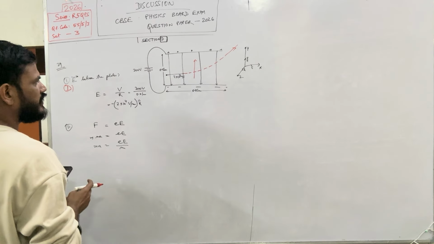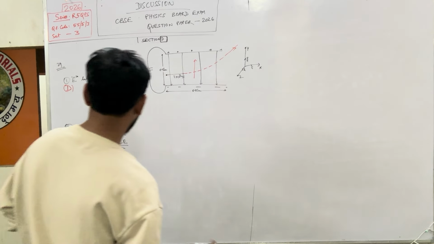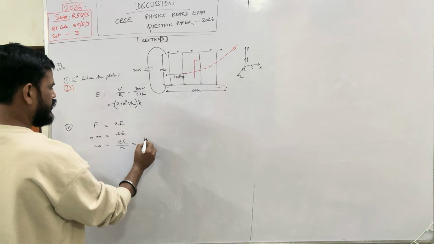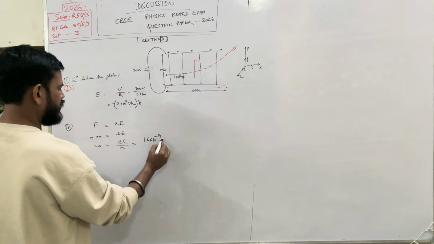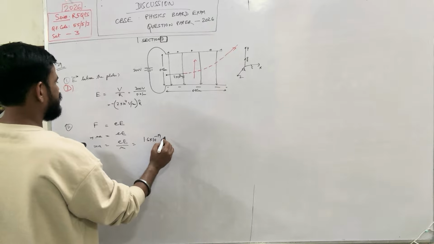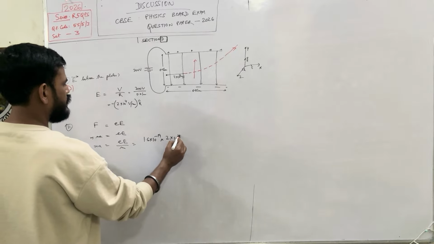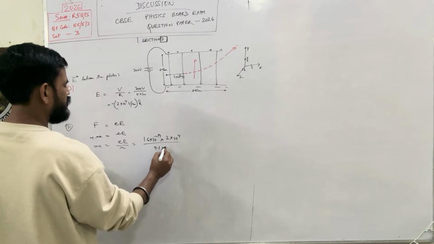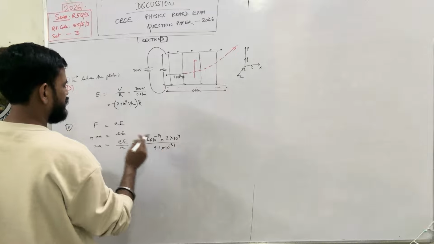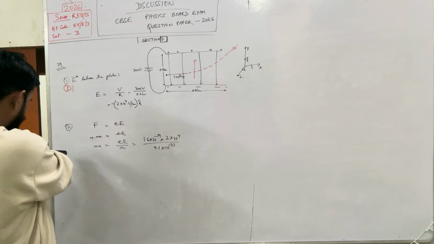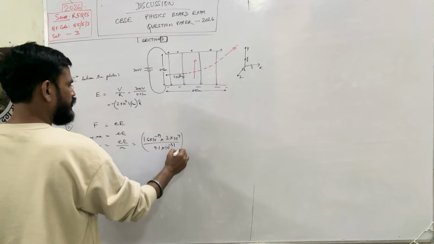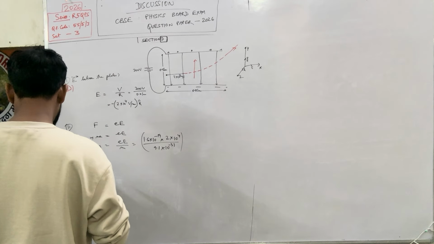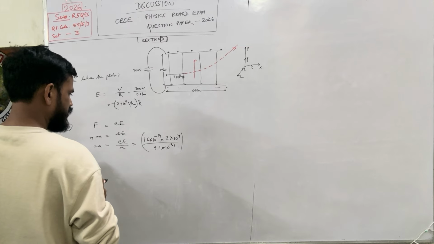So the acceleration will be 1.6 into 10 power minus 19 into the value of the electric field, 2 into 10 to the power 4, divided by 9.1 into 10 power minus 31. Now it should be along the positive z direction.